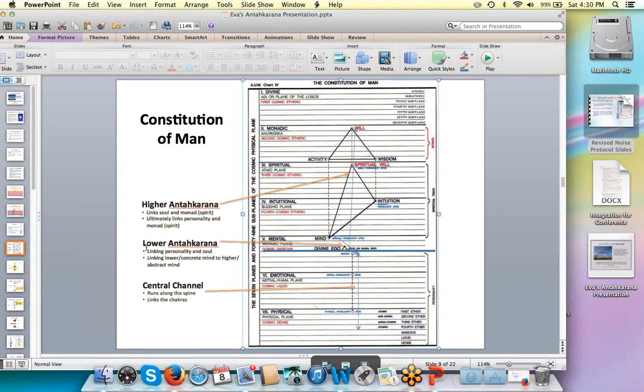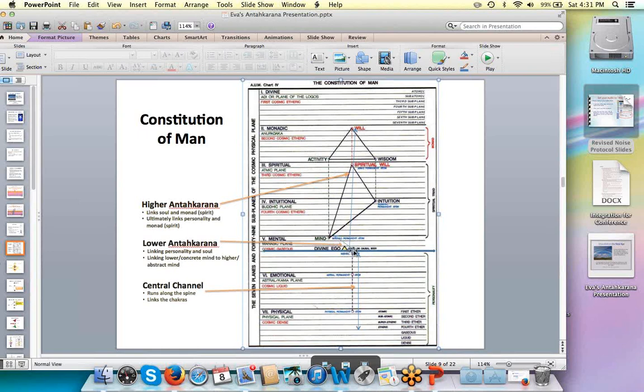Now, that's only called the central channel, okay? And it goes here, here, here, all the way up. Now, the two areas that we're concerned about, as we said earlier, are the lower Antahkarana and the higher Antahkarana. The lower Antahkarana links the personality, which is all of this, with the soul, linking concrete mind, right here, which is the mental unit, with the soul, and then right up to the bottom of the spiritual triad.